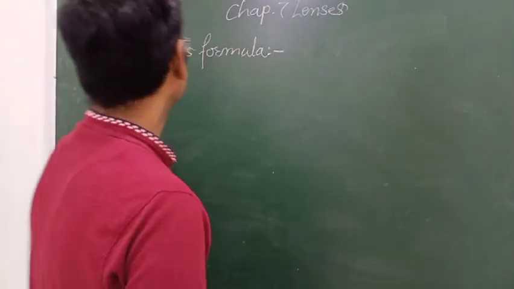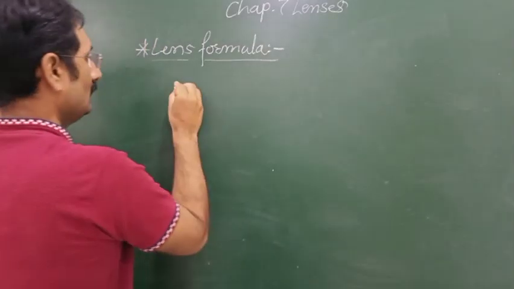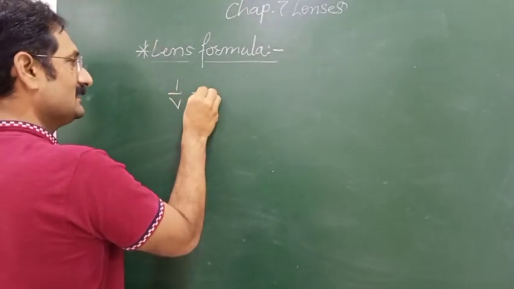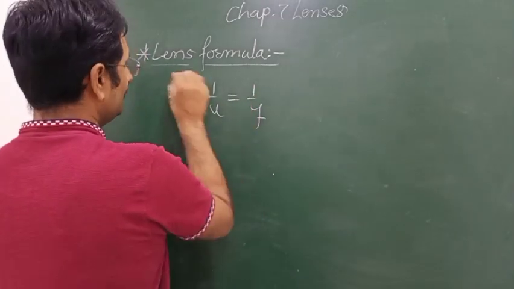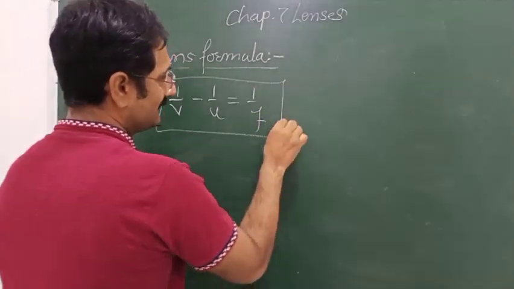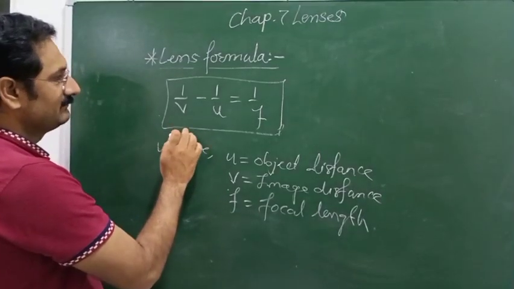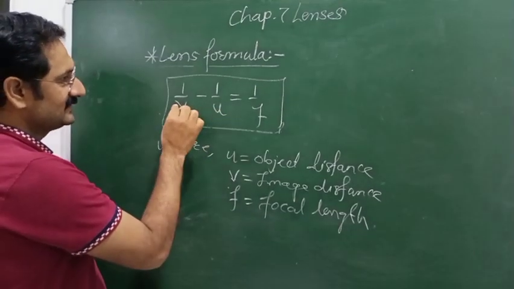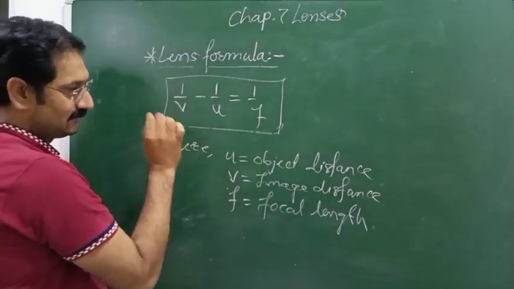So friends, now we are going to study about the lens formula. 1 upon v minus 1 upon u is equal to 1 upon f. This formula is called the lens formula. The formula showing the relation between object distance, image distance and focal length is called the lens formula.